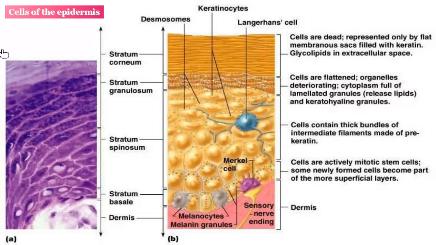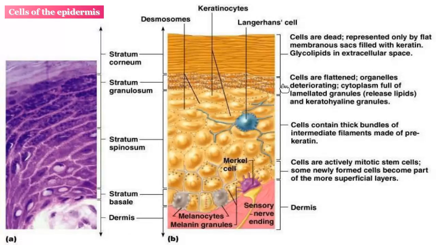See in the next slide, I have put together all the cells present in the epidermis along with the layers. Here you can see the layers of the epidermis, that is stratum basale, spinosum, granulosum, and corneum. Lucidum is absent here. Okay, thin skin, that is why lucidum is absent.